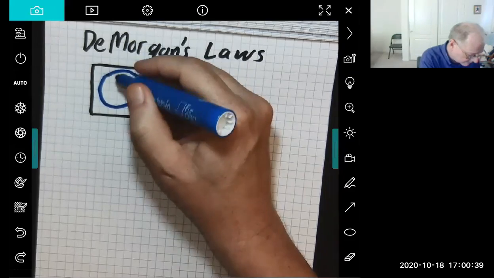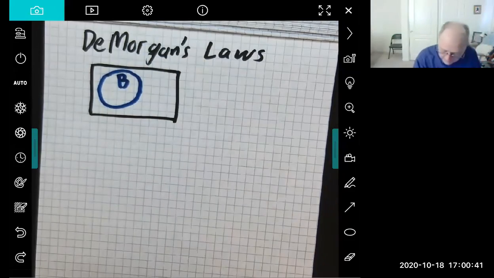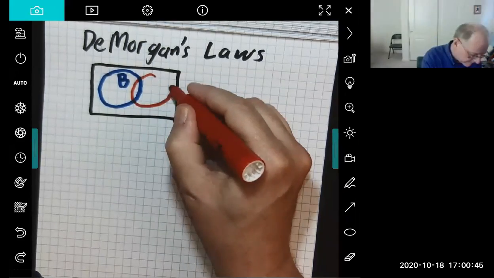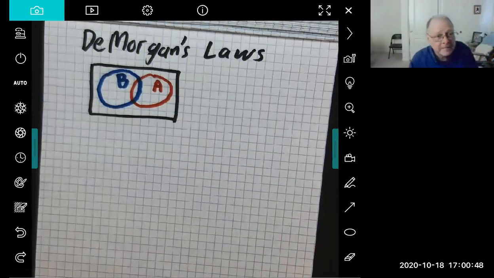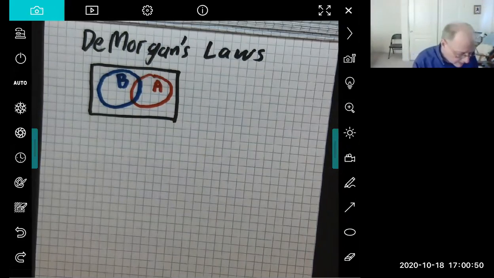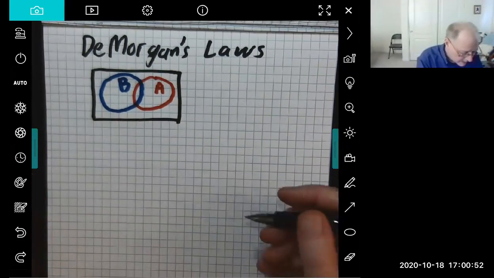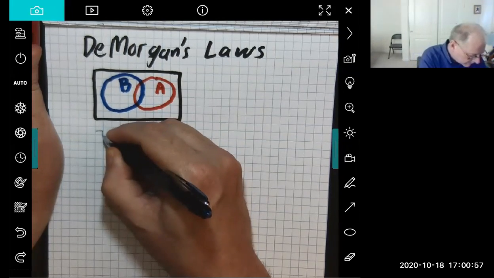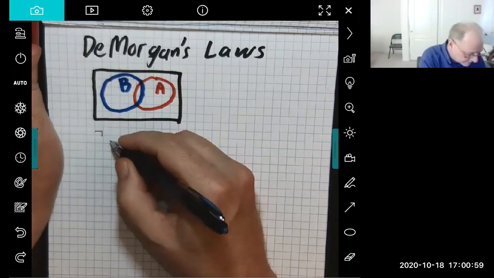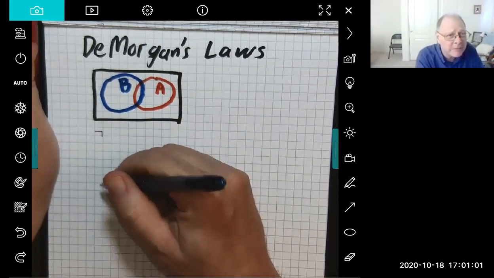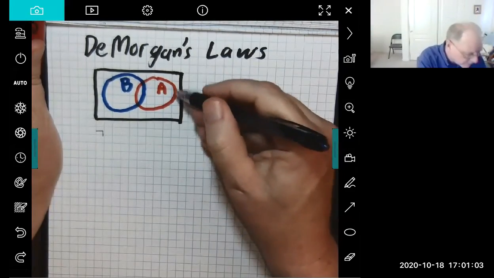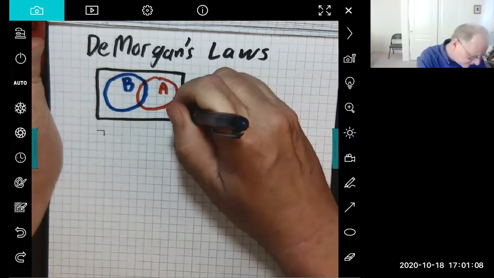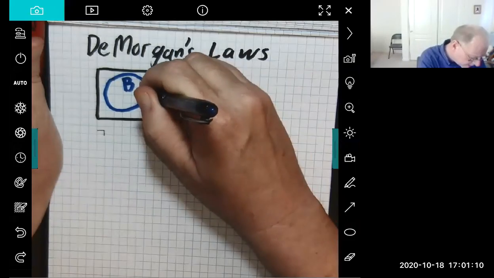Let's call this set B, and we'll have a set A over here. I'm just going to make an expression for the complement. No probability, just a set of points, or a set of anything. Each individual is a little dot in here.